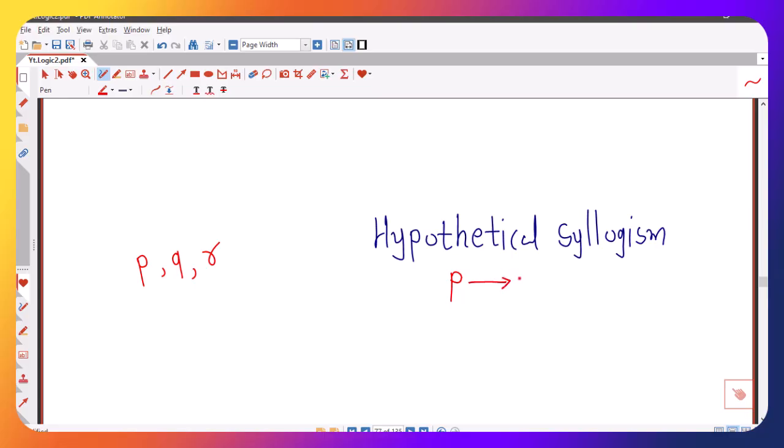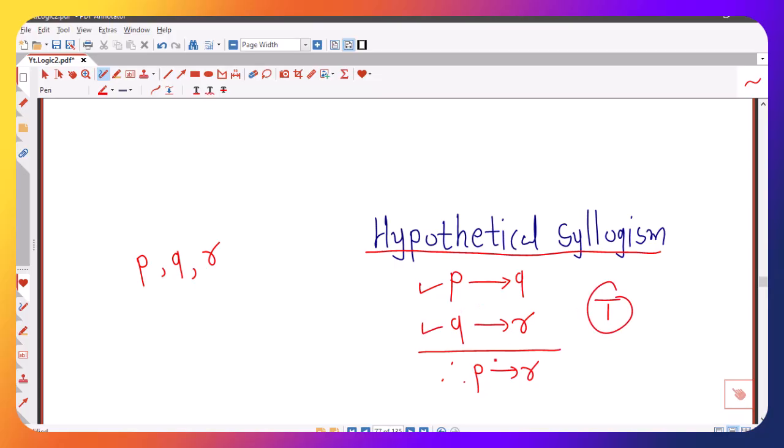If we have P implies Q and Q implies R, if these two are true, then P implies R. So this is another rule of inference, and it says that whenever P implies Q and Q implies R are true, then P implies R is also true.